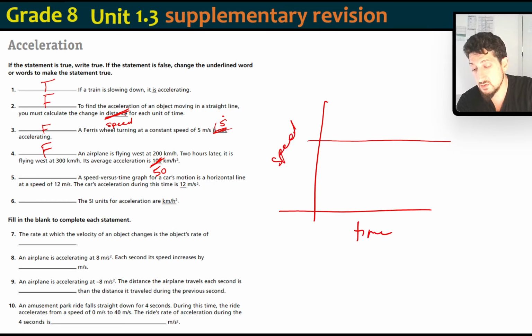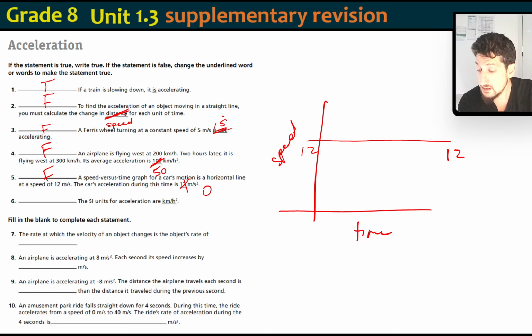So the speed is 12 and it's a horizontal line. That means the speed is not changing. It's not slowing down. It's not speeding up. So the acceleration is not 12. The acceleration is 0, because we started at 12 and we ended at 12. So 12 minus 12 divided by time is 0. 12 minus 12 is 0 divided by time is 0. So it's actually false, and it's going to be 0.